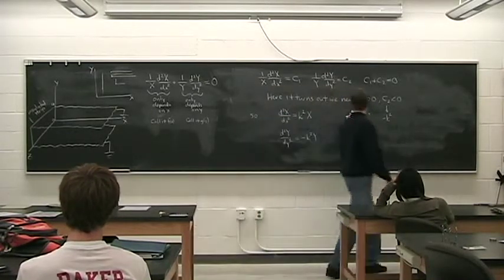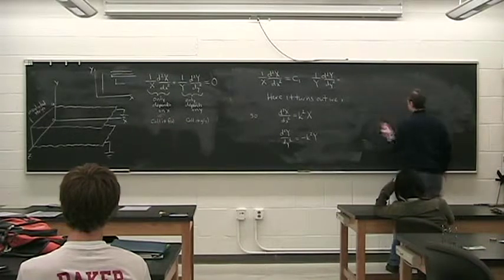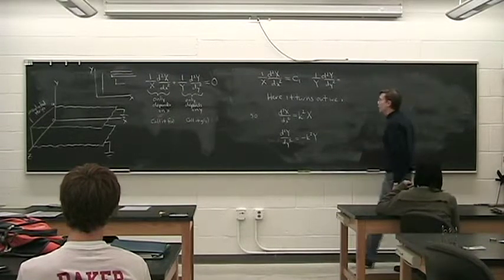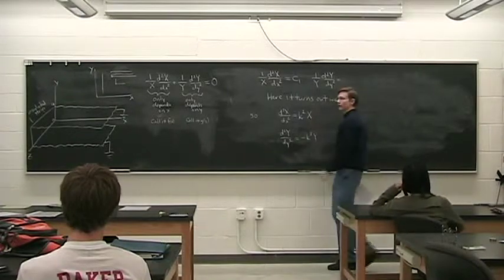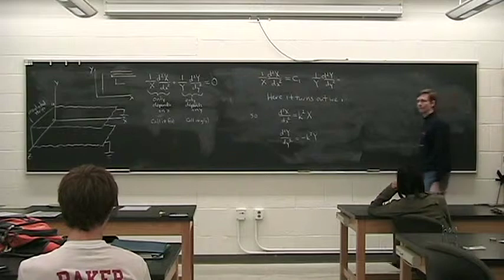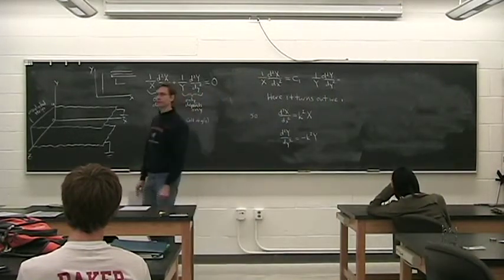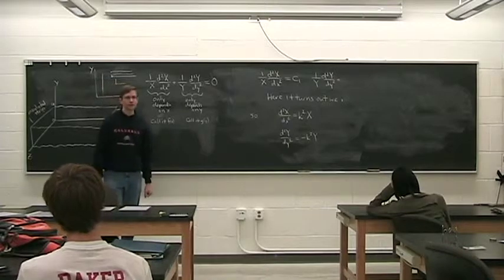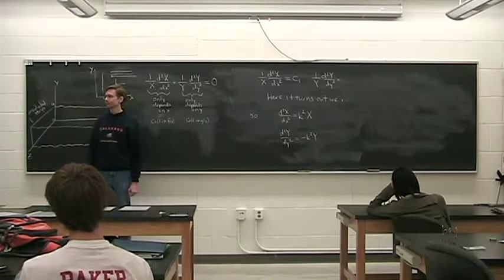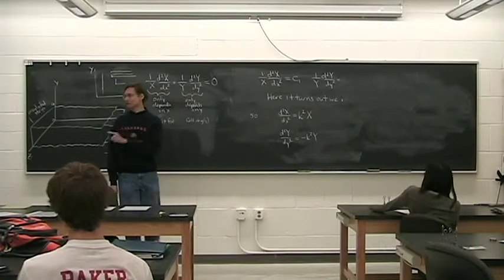So the first equation says I need a function whose second derivative is k squared times the function itself. So what sort of functions have that property, that the second derivative is a constant times the function itself? That's exponential, right?